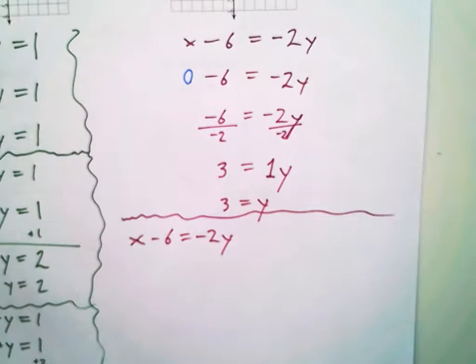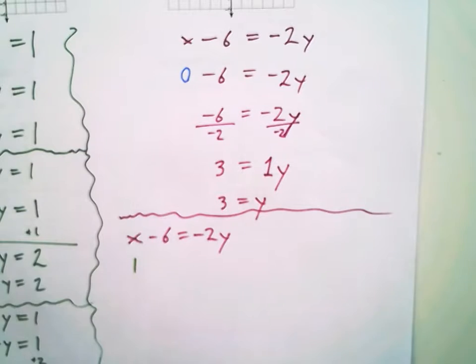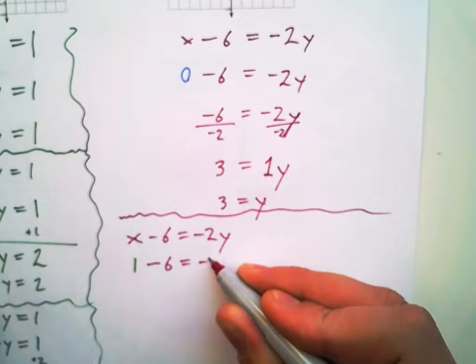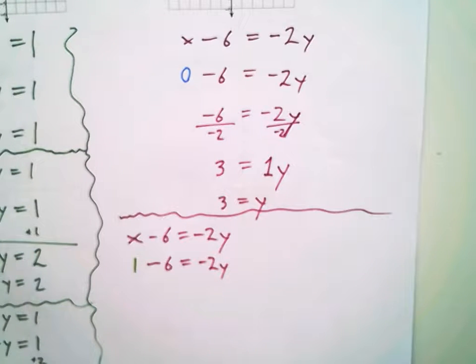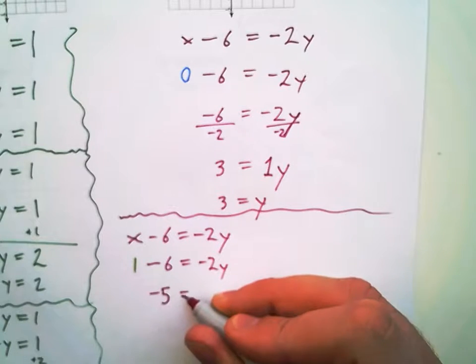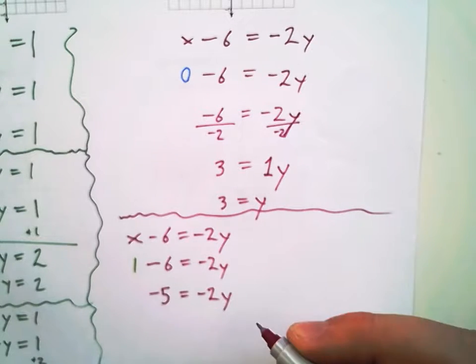And this time we're trying what happens if x is 1. Then we'll get 1 minus 6 equals negative 2y. Okay, and 1 minus 6 is negative 5, so negative 5 equals negative 2y.